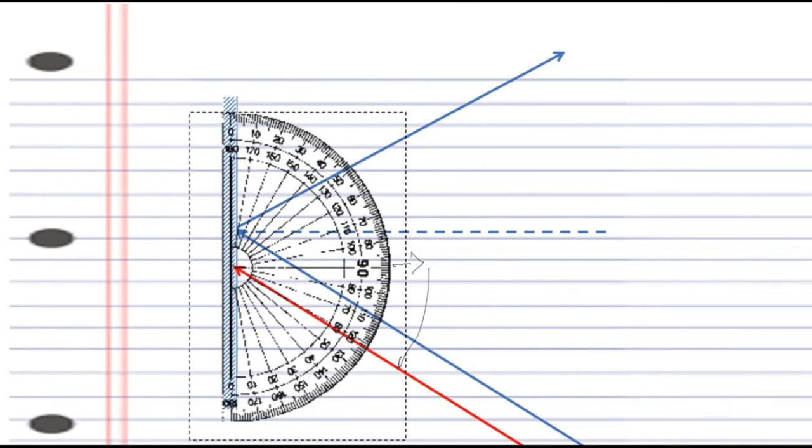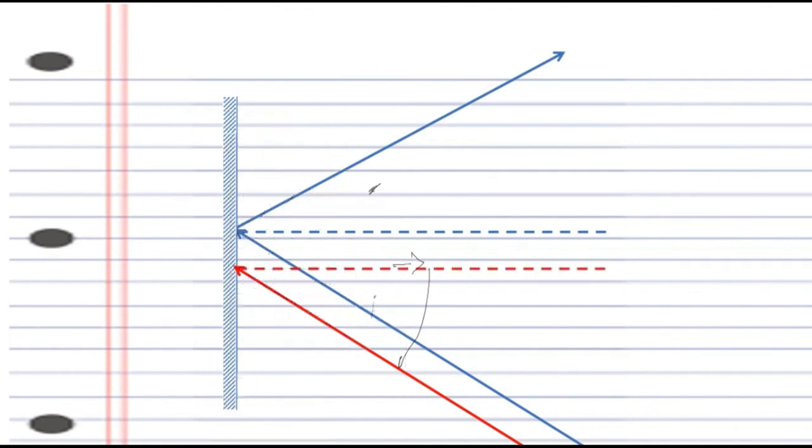It will be 1, 2 and 3, 30 degrees. So from here also it will be 30 degrees, right? Somewhere here the reflected ray will go. See, 2 light rays which are parallel will reflect parallel, right? Keep this in mind.